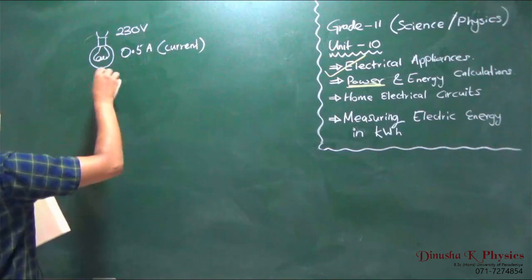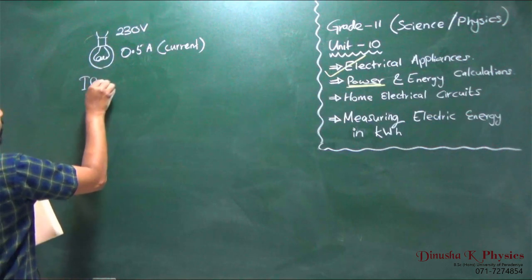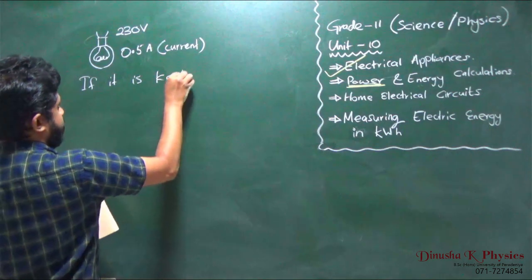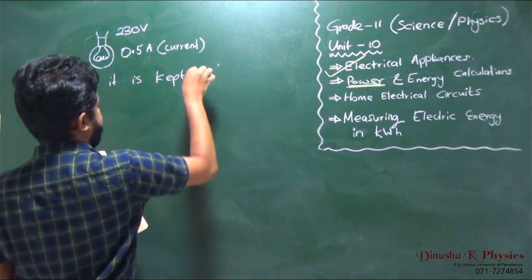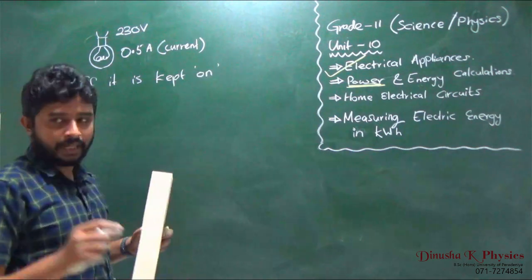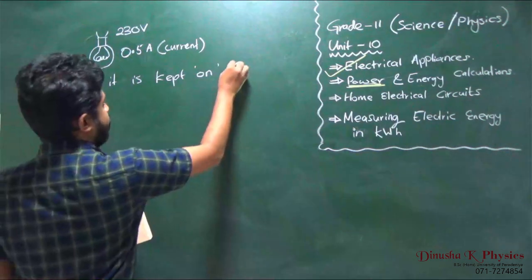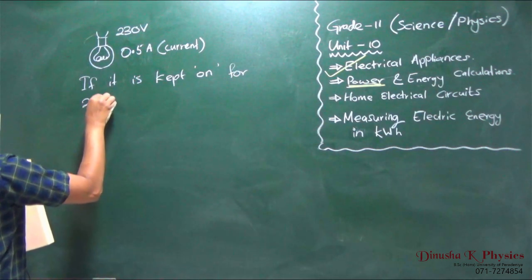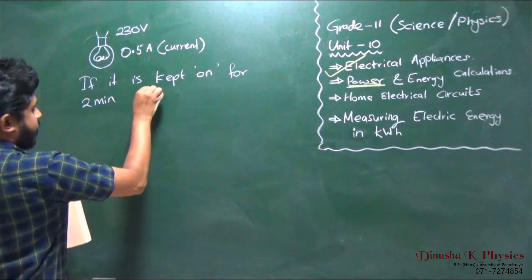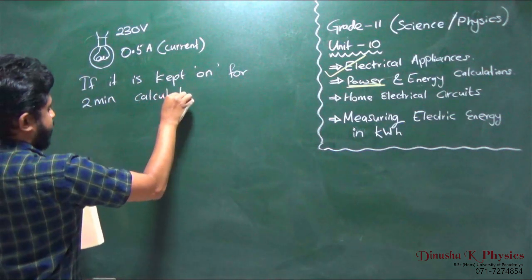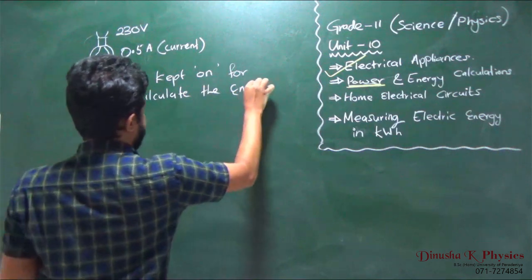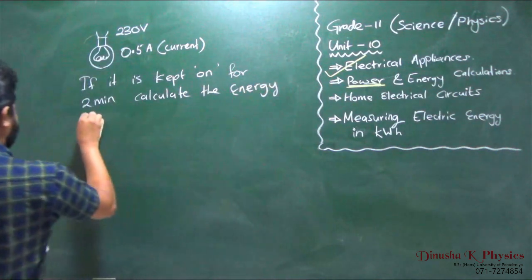So if the bulb is kept on for 2 minutes, calculate the energy produced.